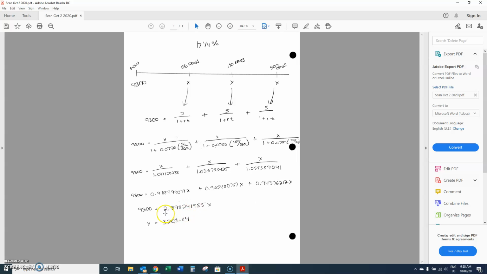Now, in order to isolate your x, you have to divide this by this. Yeah, I did store that.